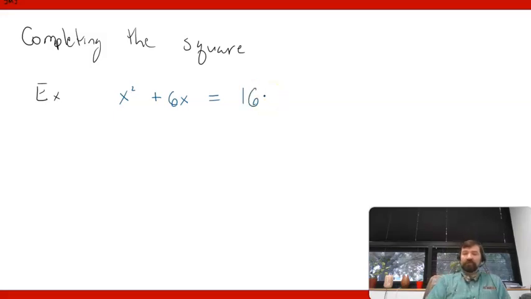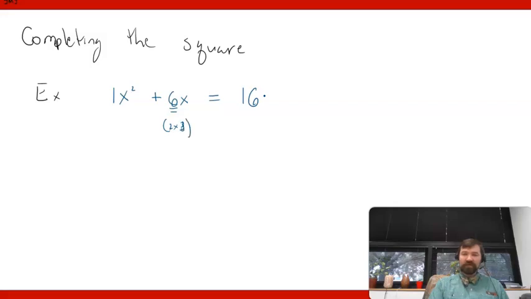Basically, whatever number you want here. I'll make it 16 just for the fun of it. So how do you complete this square? Well, this x squared is really like a 1x squared. This number right here is 2 times 3.